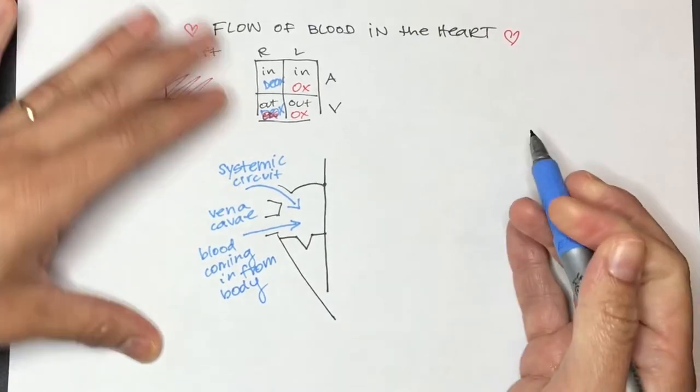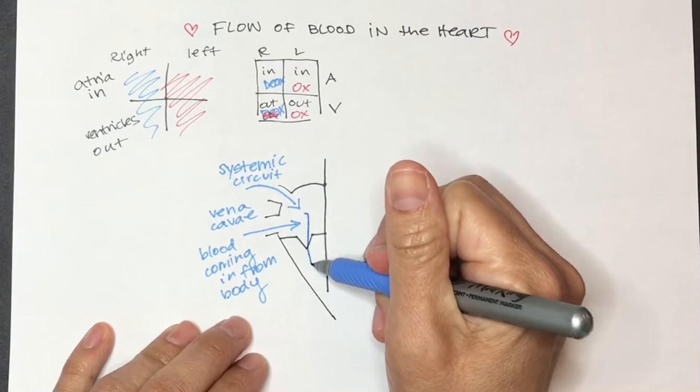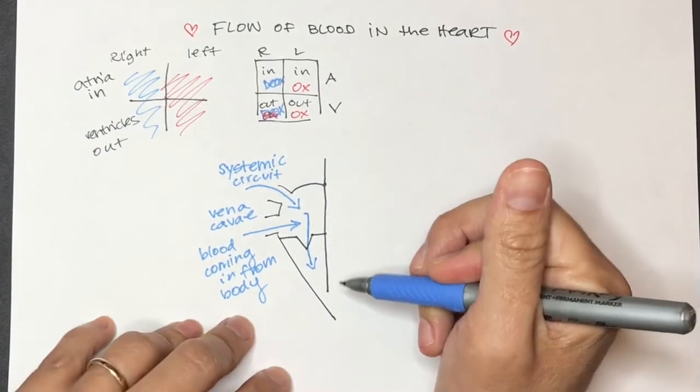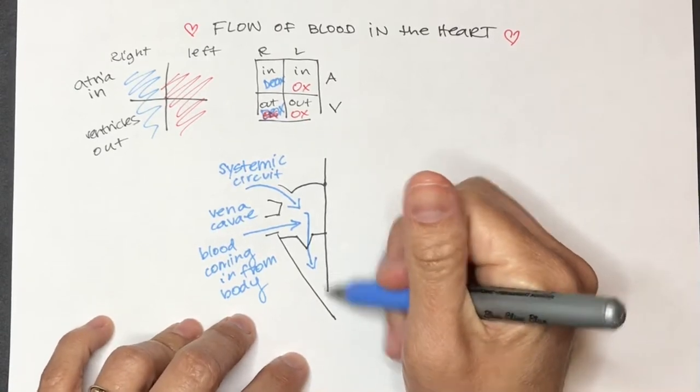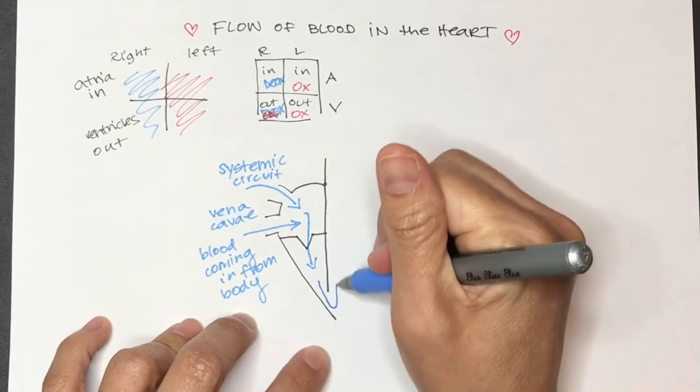All right. So this blood is then going to travel from the right atrium down into the right ventricle. And once it travels through here, it's going to go back out into the lungs. It's deoxygenated, so it needs to get oxygenated.